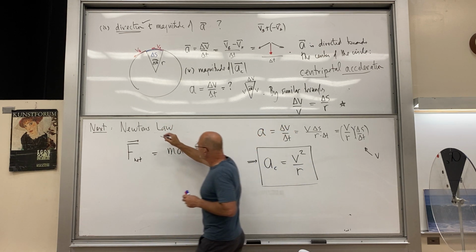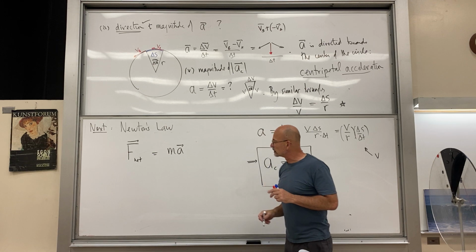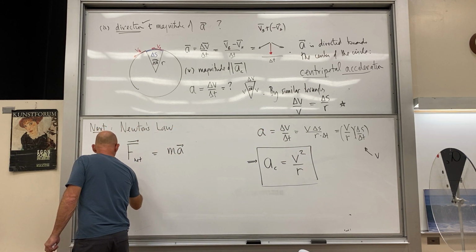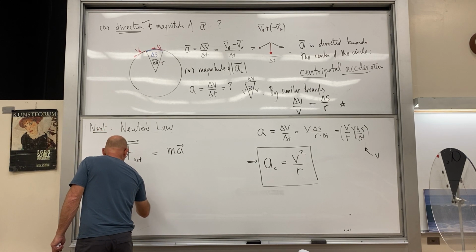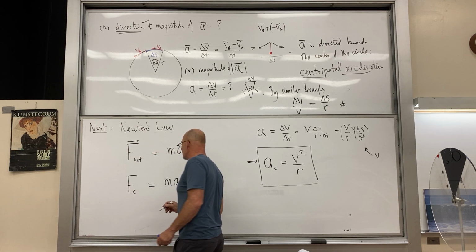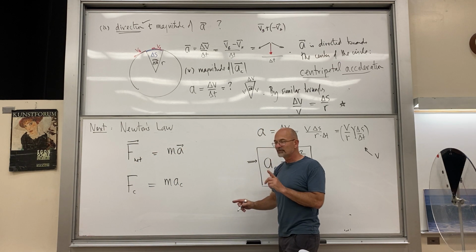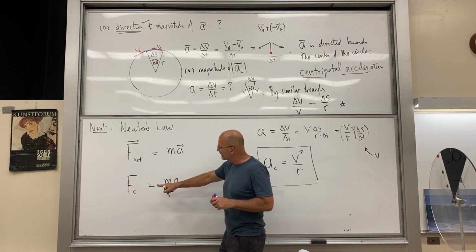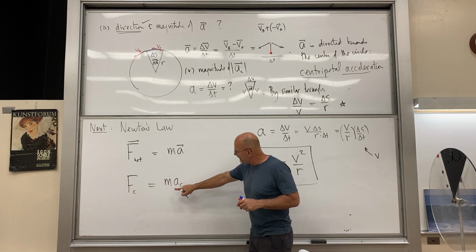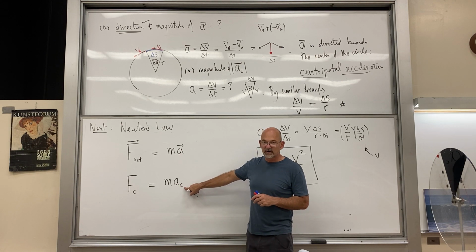So in the case of uniform circular motion, F centripetal is equal to mass times A centripetal. For uniform circular motion, Newton's law says the force that points to the center is equal to the mass times the acceleration.